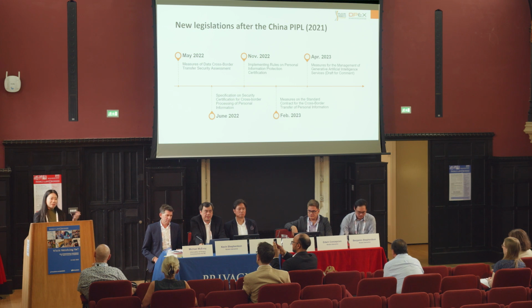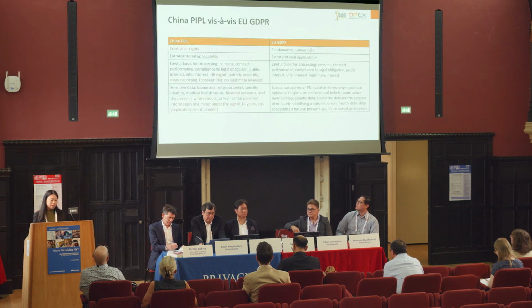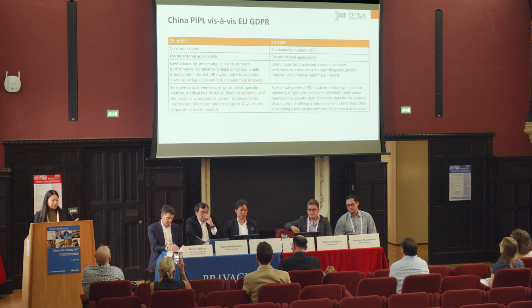That is a goal. With this kind of goal, you see the development of AI, especially generative AI, has caught the attention of the regulators. So they have released the draft regulations for generative AI.